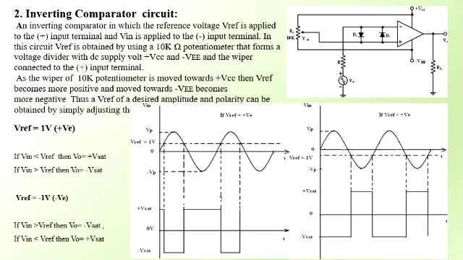Similarly, if V in is greater than V reference, then the output is negative saturation.